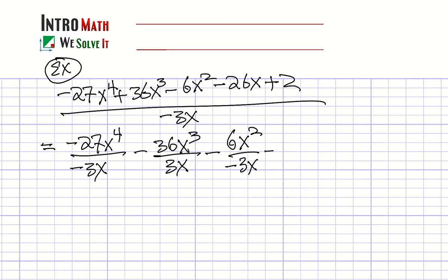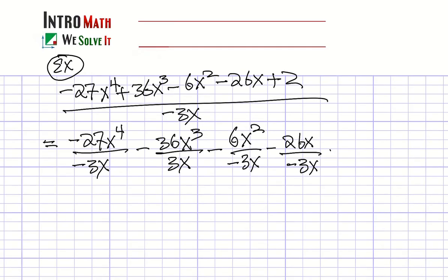The next one is negative 26x divided by negative 3x, and the next one is 2 over 3x. If you want, you can change the positive to negative, just take care of it now. It's up to you. So we took care of that here, and we took care of that here. But the rest we'll put in.